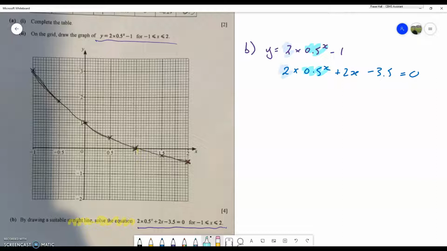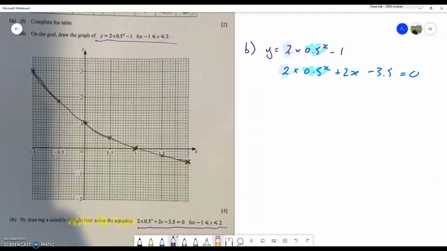So for us to be able to use the graph in part A, we need to be able to change this equation so that the left-hand side is the same. Then making an equation on the right-hand side, and then it would be the intersection of those two lines that would be our answer.